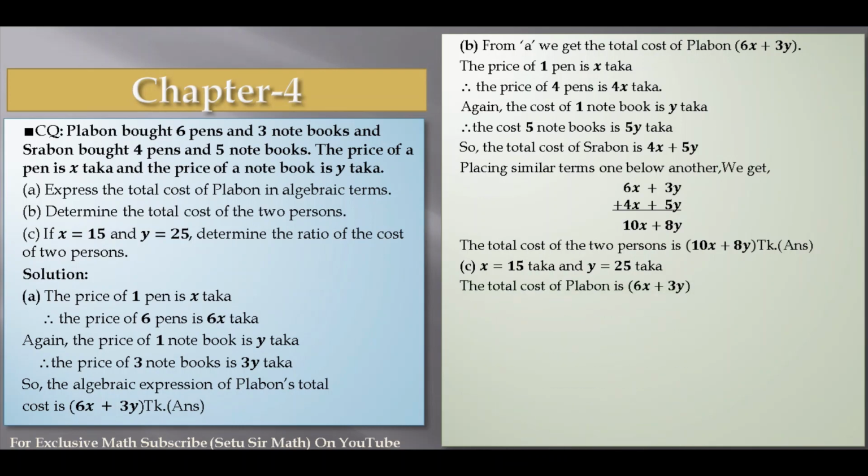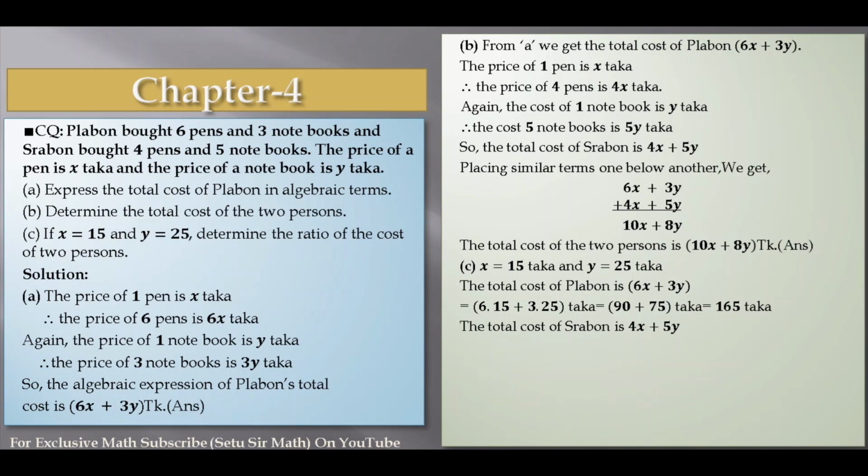The total cost of Plavon is 6x plus 3y, and we will put the values of x and y in this expression. 6 multiplied by 15, because the value of x is 15 and 6 and x are in multiplication, plus 3 multiplied by 25, because the value of y is 25. 6 multiplied by 15 is 90, 3 multiplied by 25 is 75, and if we add 90 and 75, we get 165 taka.